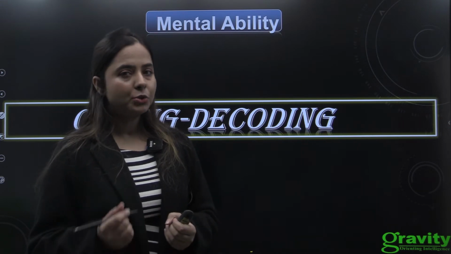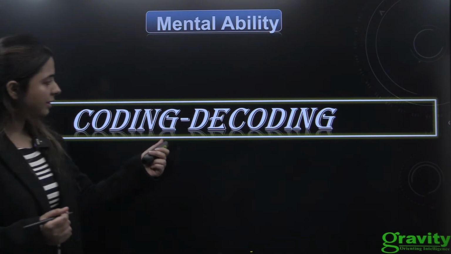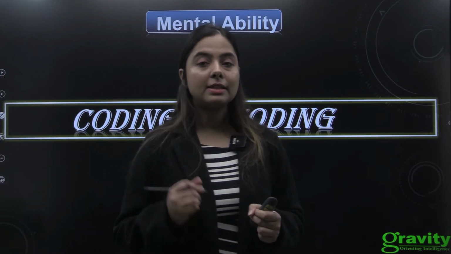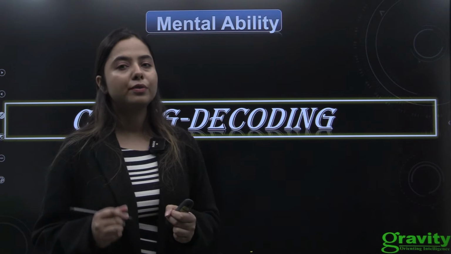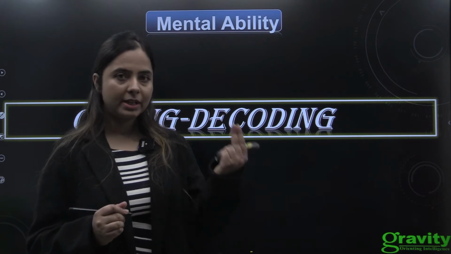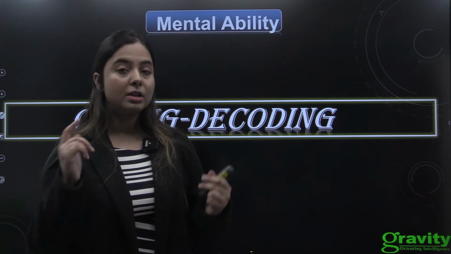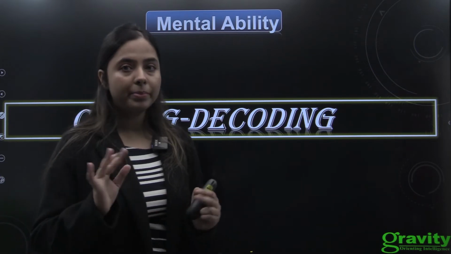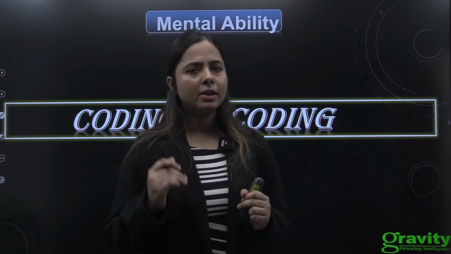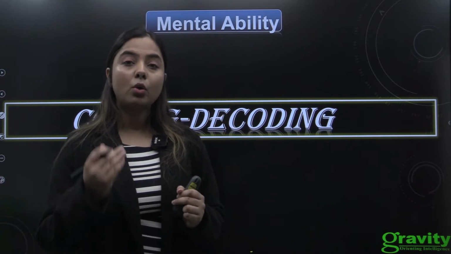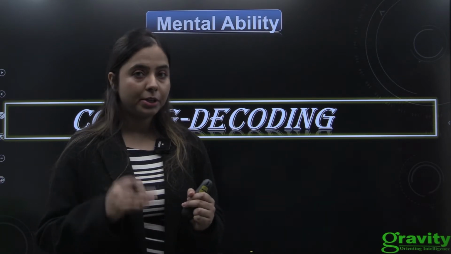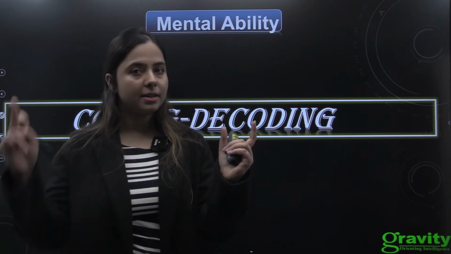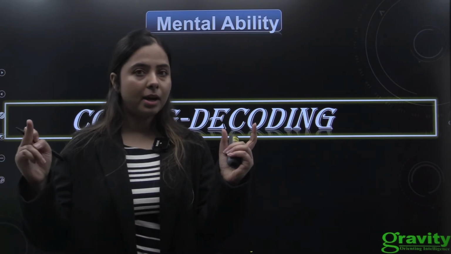We're starting a new topic today, coding and decoding. Now, coding and decoding is basically a method of transmitting a message between a sender and a receiver such that no one else understands it or comprehends it. When we say coding, a particular code or pattern has been used to express a word in the English language as some other word or in some other form.